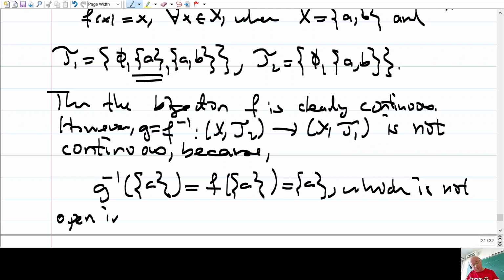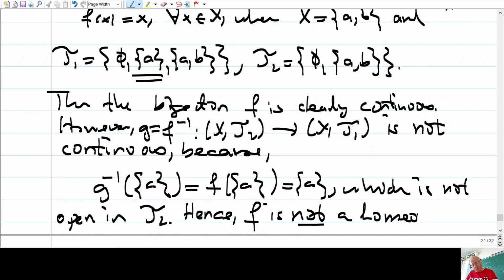Hence, f is not a homeomorphism. So a one-to-one and onto bijection may not be a homeomorphism. Okay.